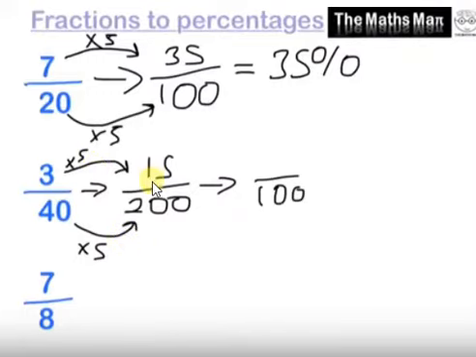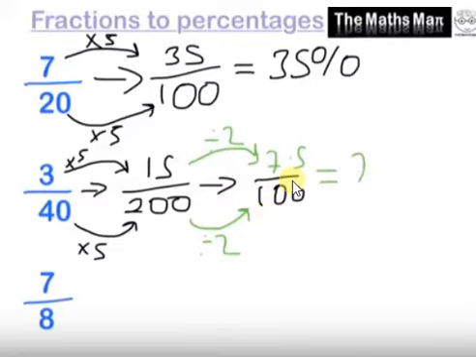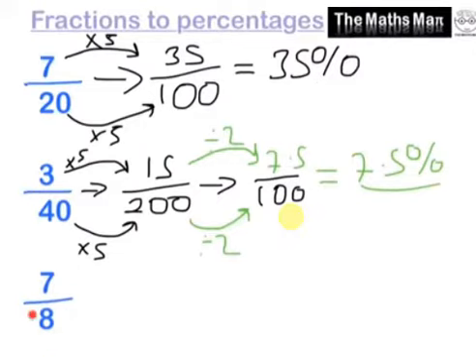If simplified by 5, both the numerator and the denominator, and then divided by 2, this is going to be 7.5 over 100. So as a percentage it is 7.5%. Percent is always over 100.